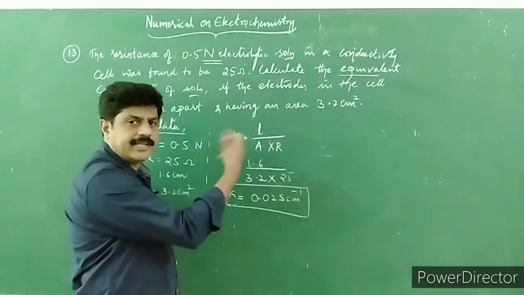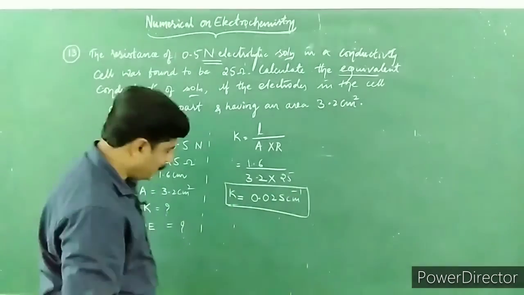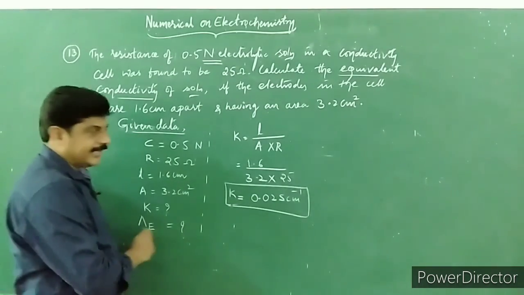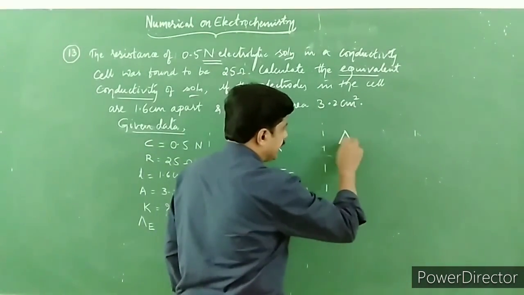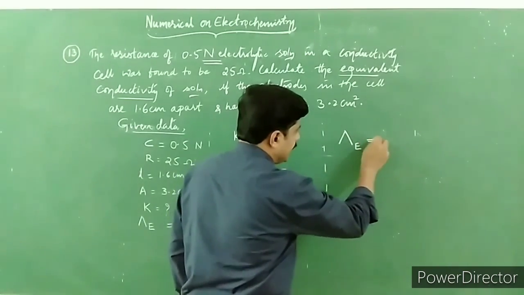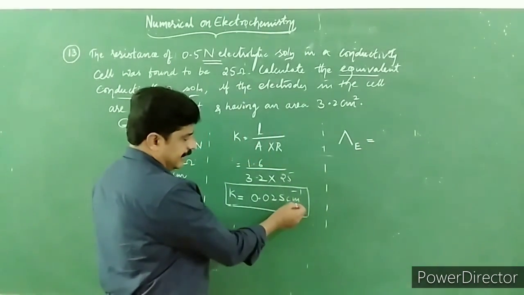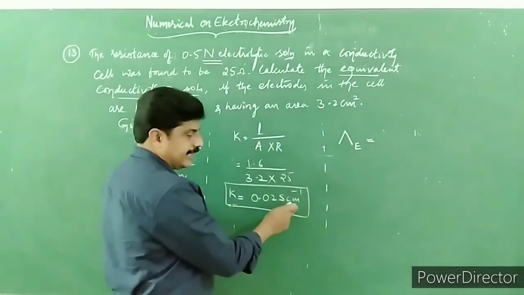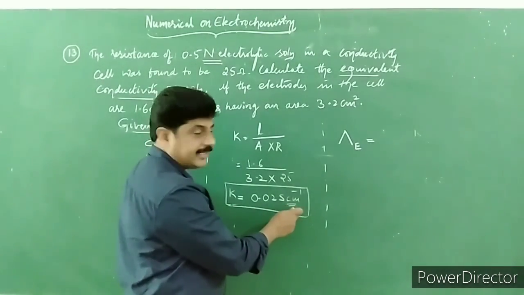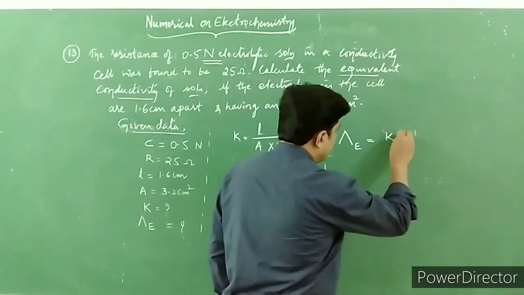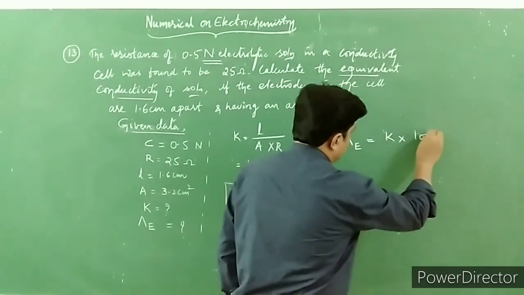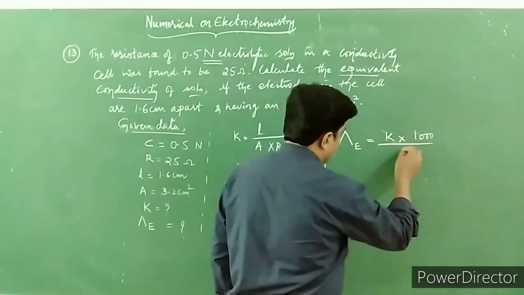Once you find out the conductivity, it is easy for me to find out what is that? Equivalent conductivity with the same formula. What is that? Equivalent conductivity is lambda E. Look at here. Conductivity is given in terms of centimeter. That means you have K into 1000 upon what is that?